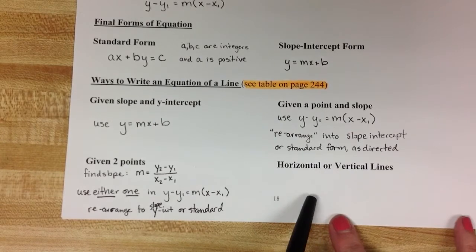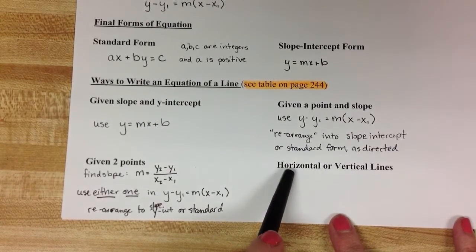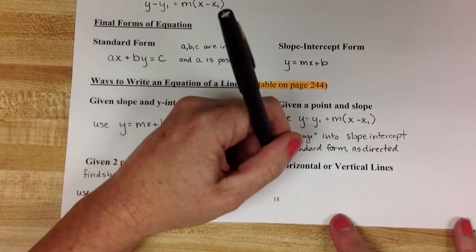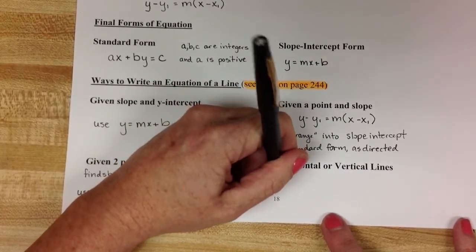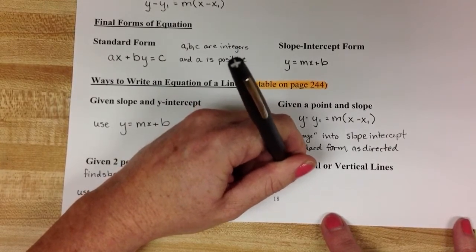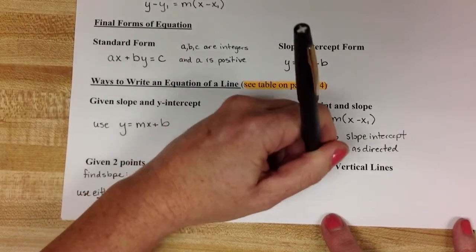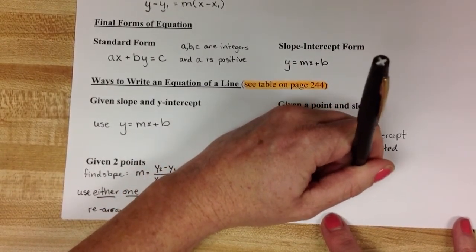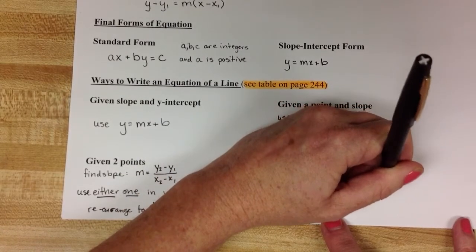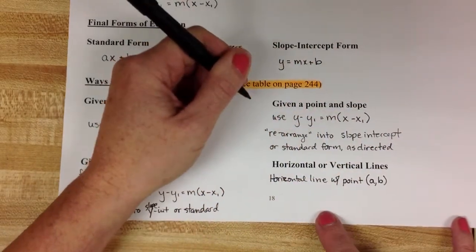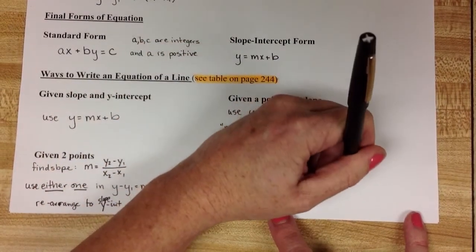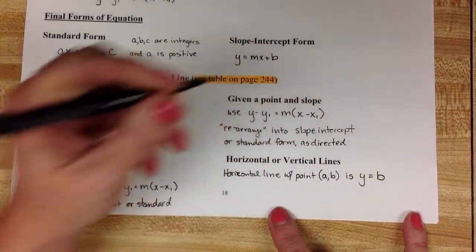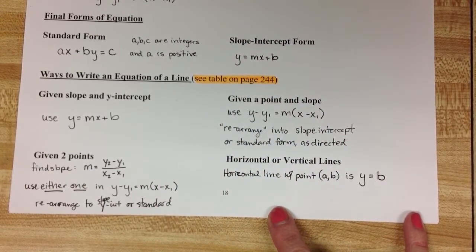And then our final point to be reminded about are those special case kind of lines, horizontal lines and vertical lines. A horizontal line with the point (a, b), its equation is always y equals whatever that b value is.